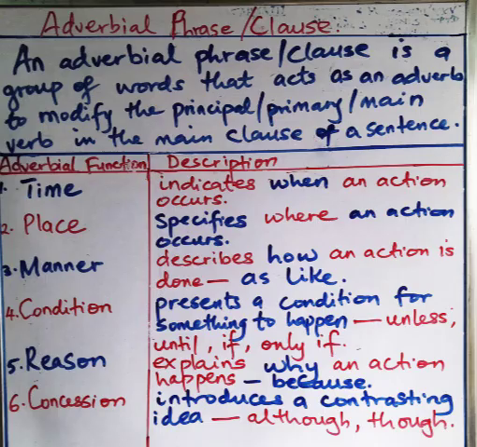If it begins with because, it's an adverbial clause of reason. If it begins with though, although, even though, it's an adverbial of concession. And if the adverbial phrase or clause begins with unless, if, until, only if, then it's an adverbial of condition.